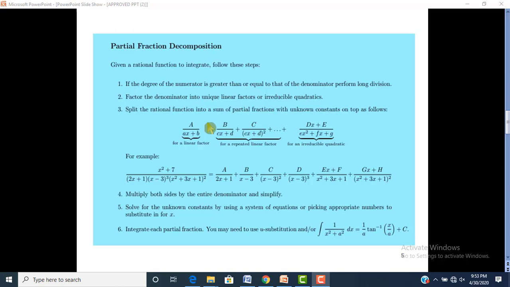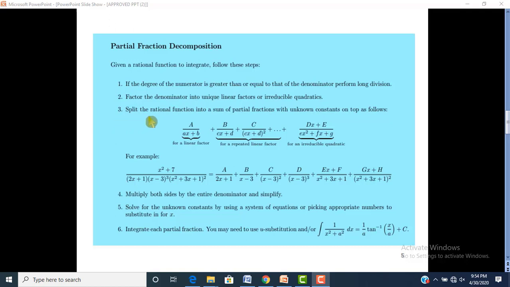Similarly, here are some partial fractional decomposition rules. For this rule, if the degree of numerator is greater than or equal to that of denominator, perform long division and factor the denominator into unique linear factors or irreducible quadratics.